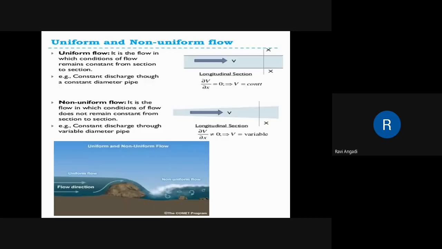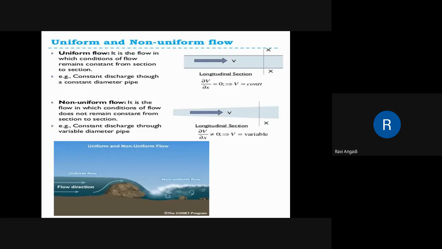Okay, so before starting non-uniform flow, let us define uniform and non-uniform flow. Already I explained this in module number 2 in the introduction part. So let us look once again at what uniform flow and non-uniform flow are. Uniform flow is the flow in which the condition of flow remains constant from section to section.